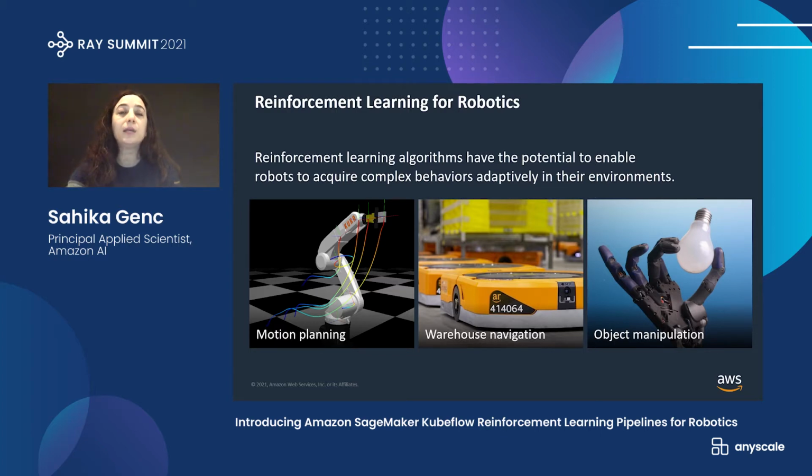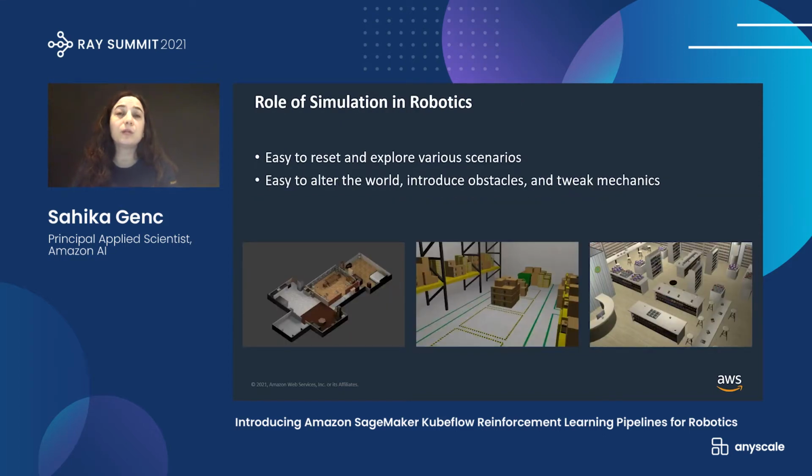However, one of the enablers for this has been the role of simulation in robotics. Simulation in robotics has made it possible for robots to learn in a relatively safe environment. That means that when a reinforcement learning agent is exploring different behaviors that may otherwise have constraints in the real world, robots can perform these behaviors in a simulation environment.